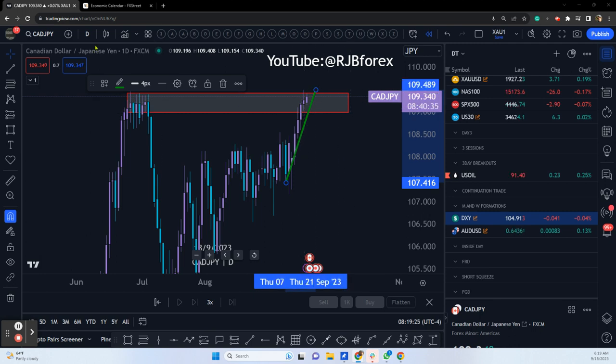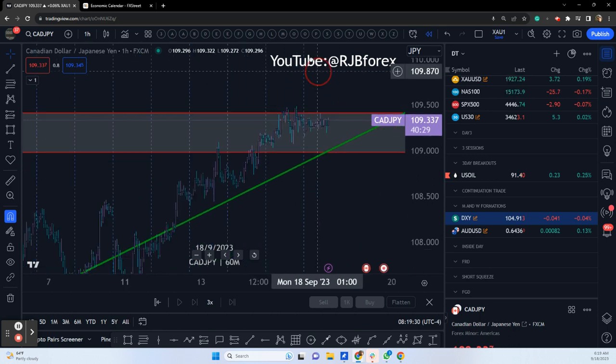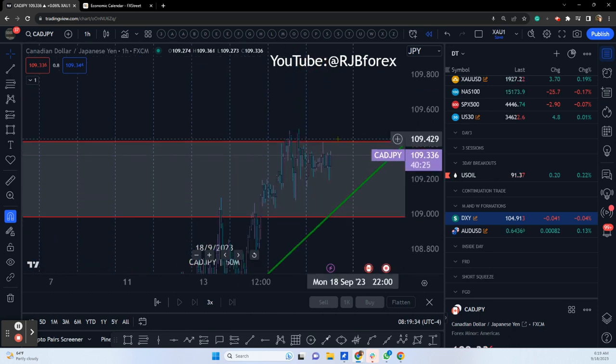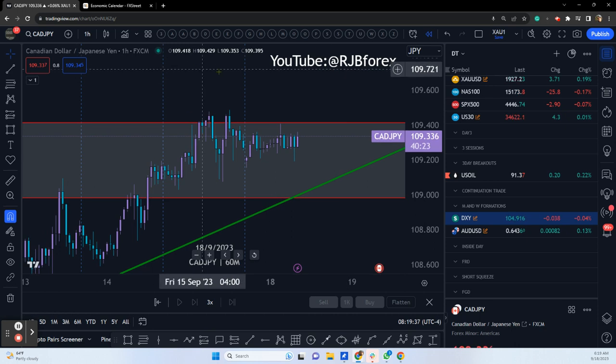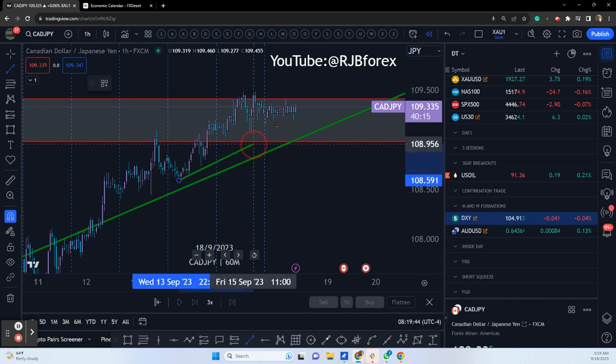I'd rather be selling, looking for signals of a deceleration of this bullish trend, which we're getting now on the hourly chart, which I'll send through in a moment. Just marking it up.